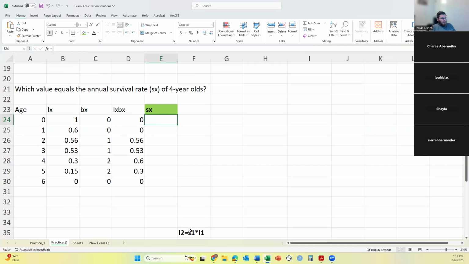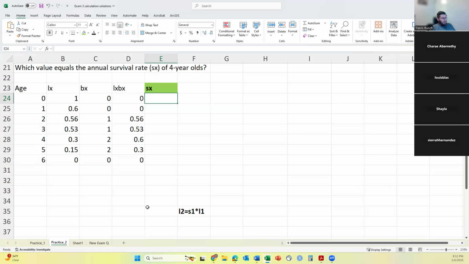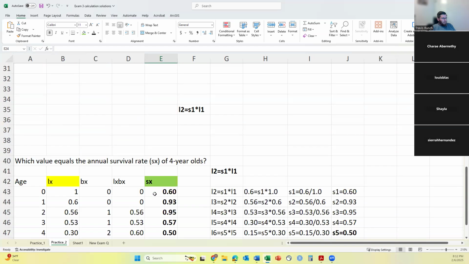What that looks like, right? So if we have L2 and we have L1, it'll help us figure out what S1 is. We take L2 and we divide it by L1. So we get 0.6 divided by 1, and that gives us 0.6. Pretty straightforward. And then we have L3 and L2. We have L4 and L3, L5 and L4, L6 and L5. We're just missing all our S's. We plug those all in, do our division, right?